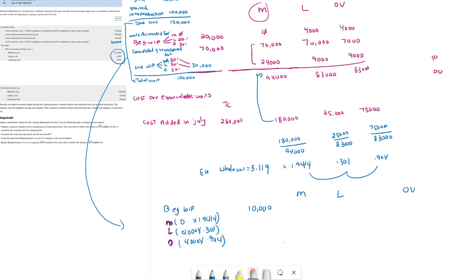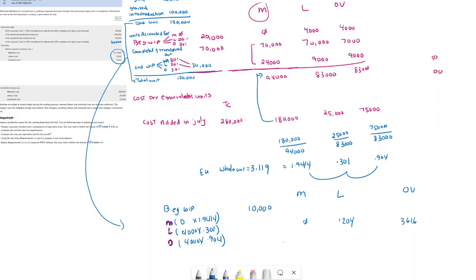Material was 0, labor was 1204, and my overhead will be 4,000 multiplied by 0.904, which comes to 3616.